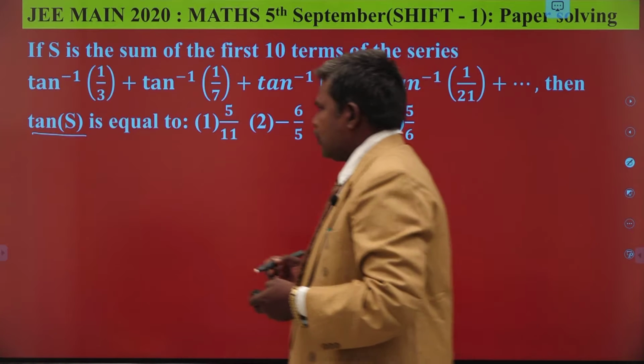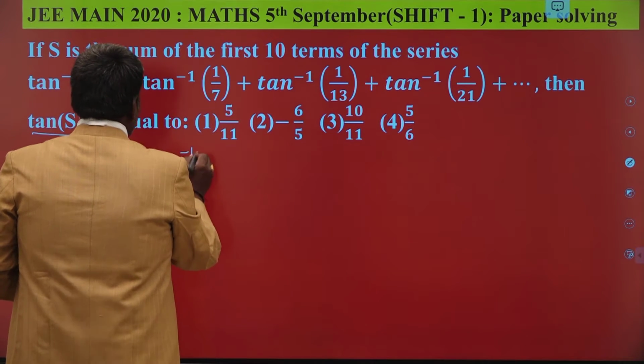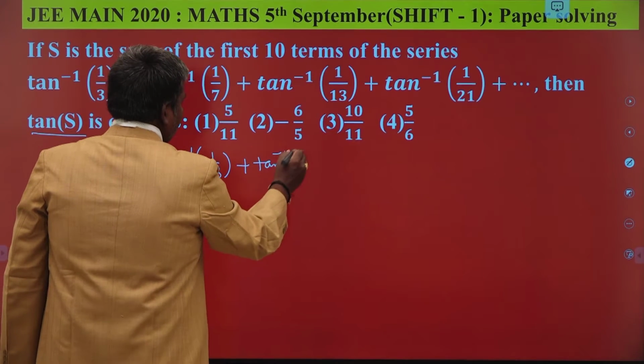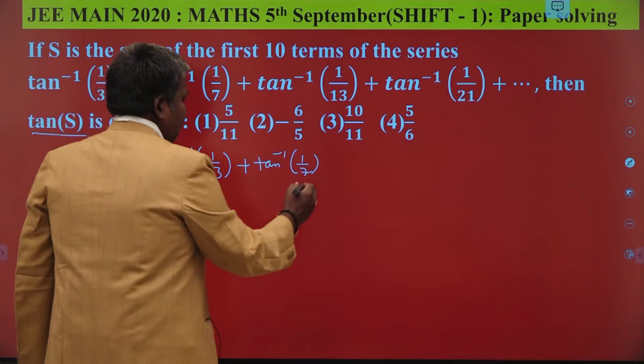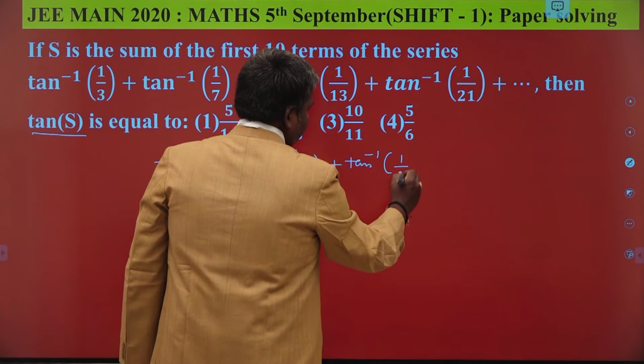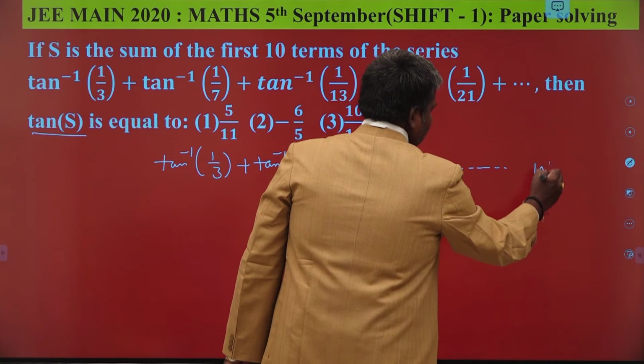What is your expression? Tan inverse of 1 by 3 plus tan inverse of 1 by 7 plus tan inverse of 1 by 13 plus and so on up to 10 terms.